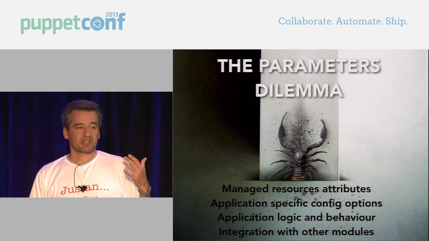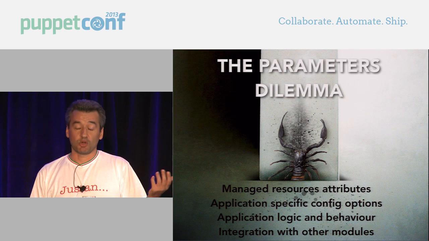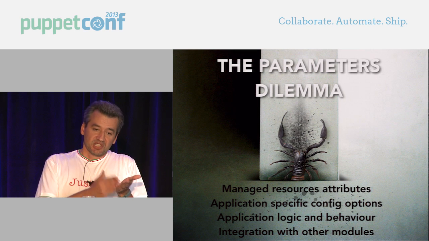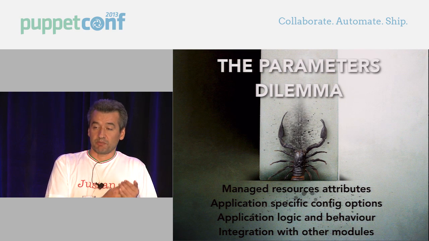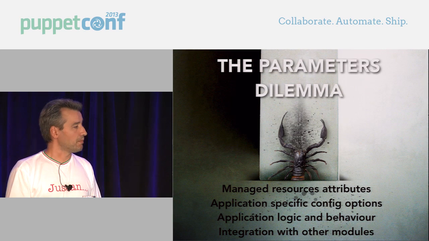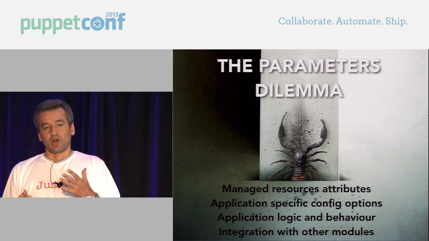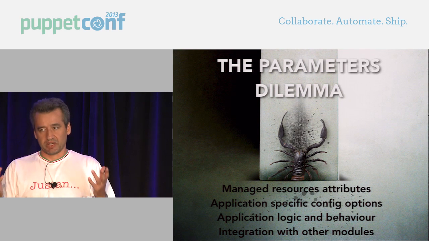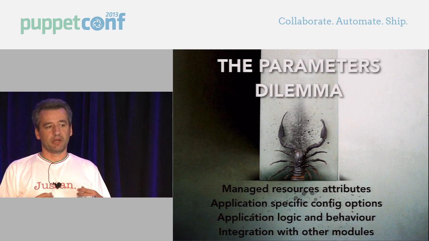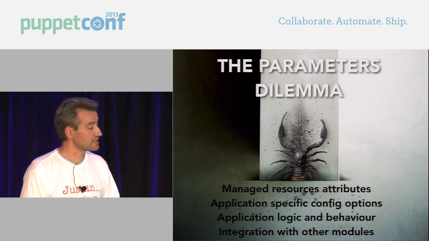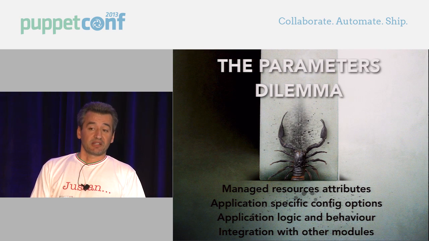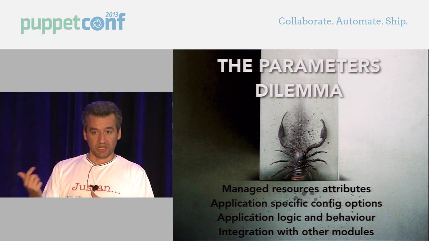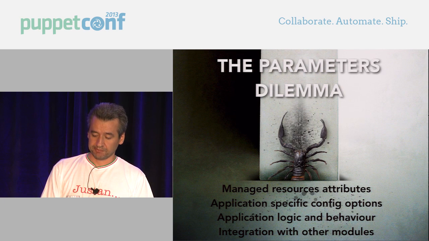Some of the parameters may relate to the resources that the module provides. Other parameters can be related to specific options of the application that the module provides. Other parameters may relate to the logic of the module: what you want to install, how you want to install it, and whatever is related to the application that the module provides. And sometimes you also have to provide parameters in your module that relate to other modules, so the integration between different applications and so on.